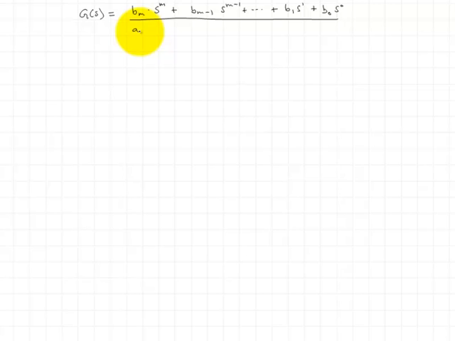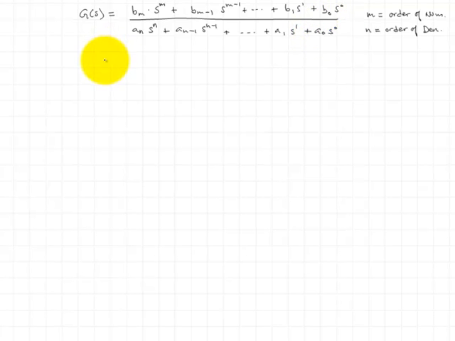the same thing in the denominator, except we use different coefficients, a sub n, s to the n, and we'll say m is the order of the numerator, and n is the order of the denominator. These are not generally going to be the same. And this is the fancy theoretical way. If you want to impress or confuse your friends, write it this way.